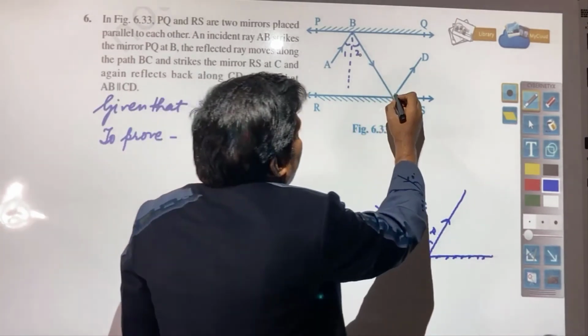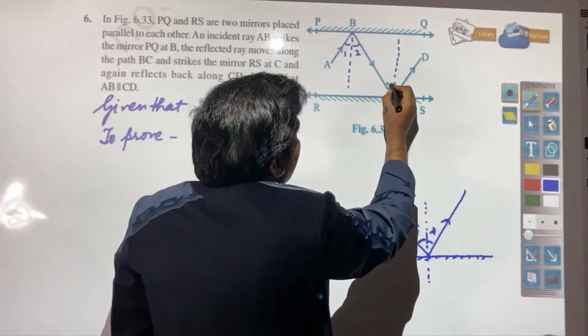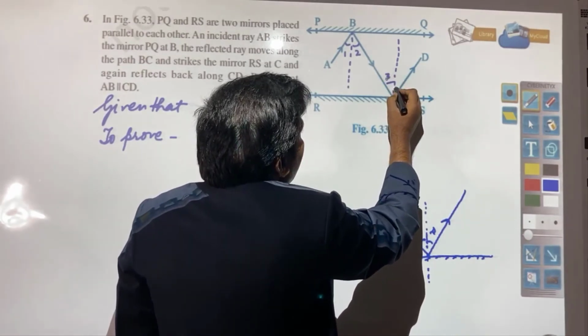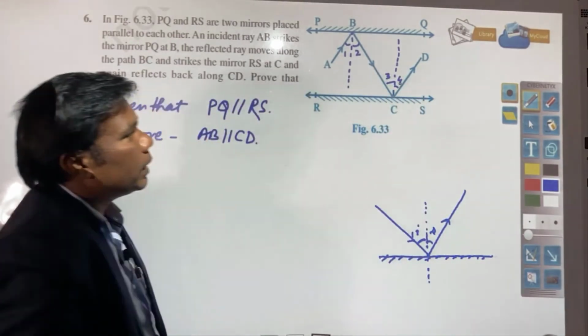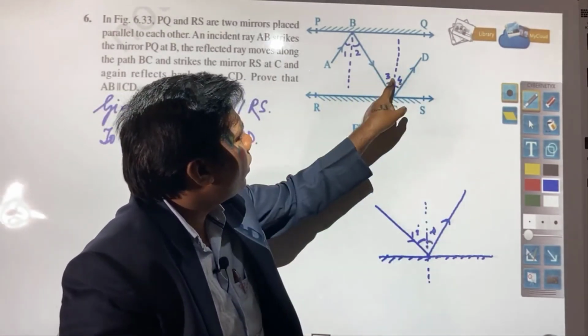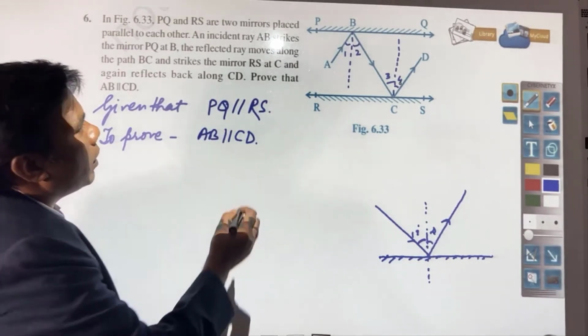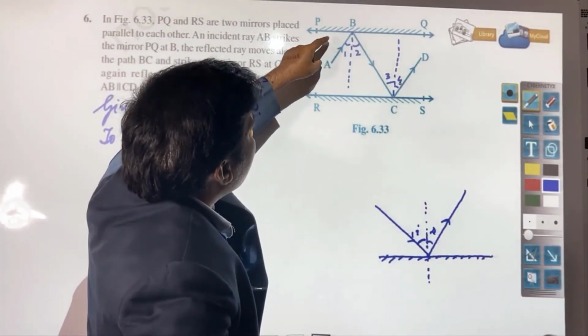In the same way, if you draw a perpendicular line here, suppose this is angle 3 and this is angle 4. The angle of incidence and angle of reflection will be equal, so 3 and 4 will be equal.